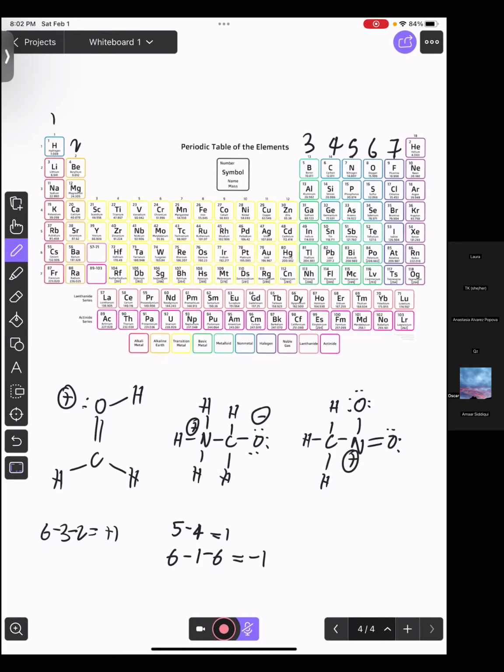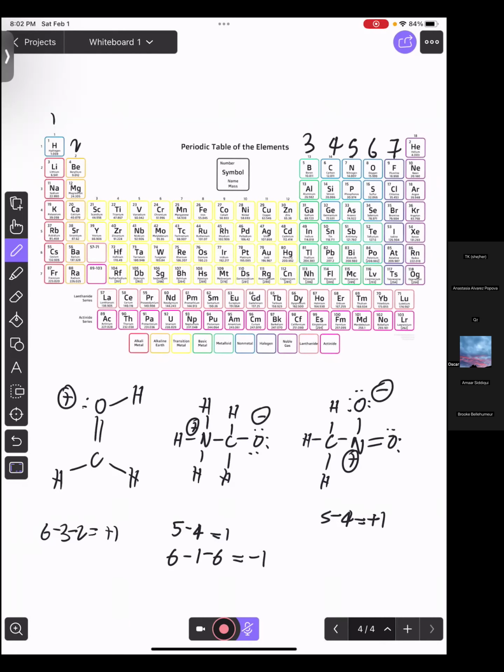Well, you can calculate it. 5 minus 4 bonds is equal to plus 1. The oxygen on the right is good. I'm very familiar with that oxygen. 2 bonds and 2 lone pairs should be 0. And then the oxygen on top, I just saw that one. That is a negative.